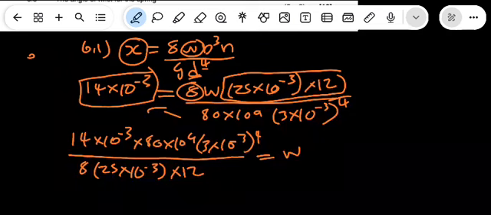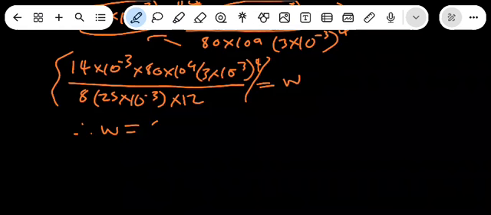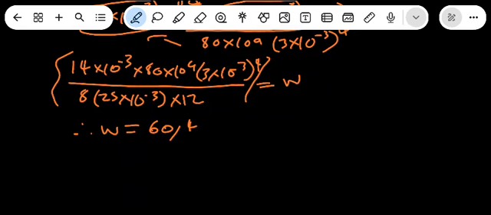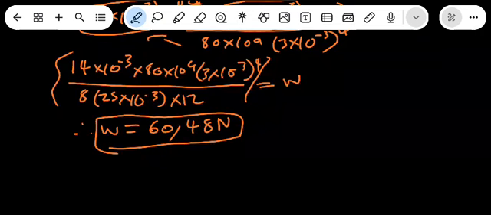So simply punch this. What will be the load? The load will be 60.48 newtons. Alright, that is what we have now.